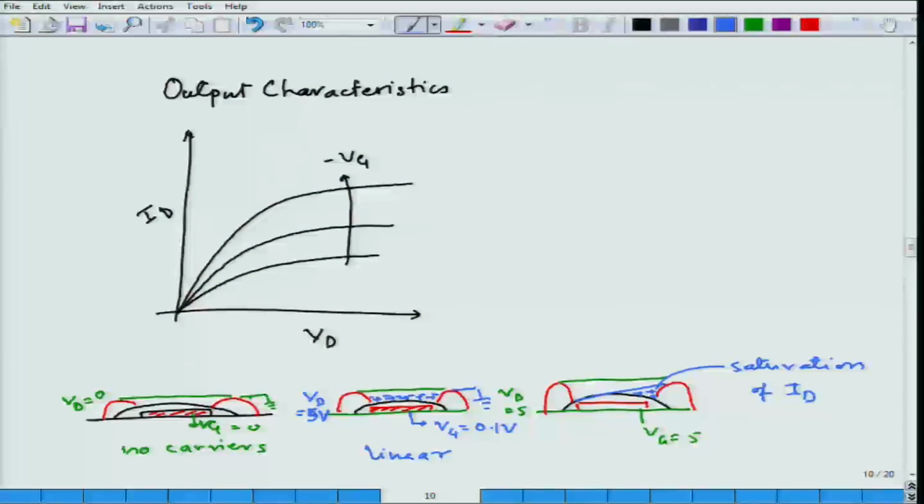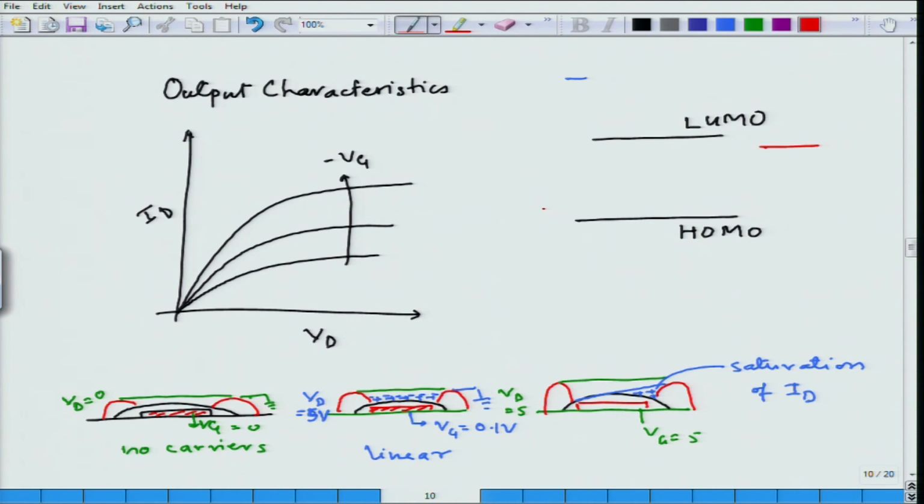In this particular material, we can also plot the transfer characteristics. If we just look at the HOMO-LUMO of the semiconductor here, what is happening in the channel, this is the highest occupied molecular orbital and the lowest unoccupied molecular orbital, and if I have my drain and source material, if I am going to use a low work function source material, then it will be the electrons that are likely to be injected.